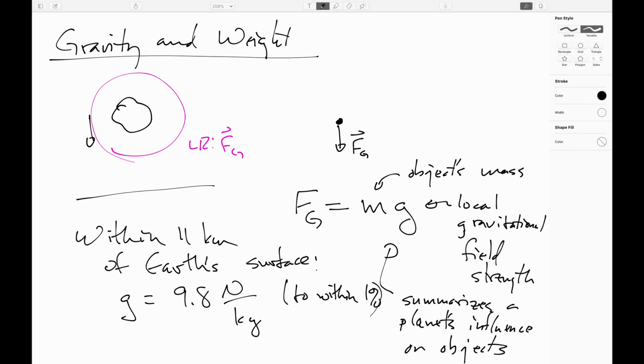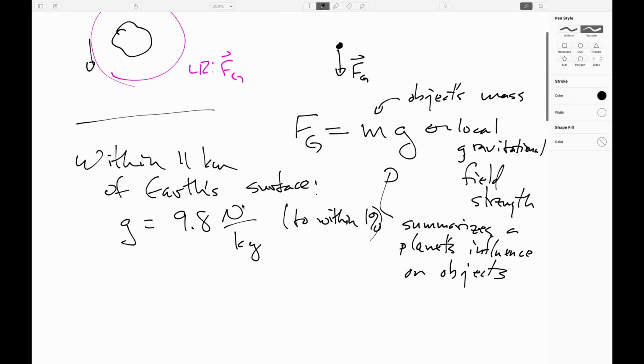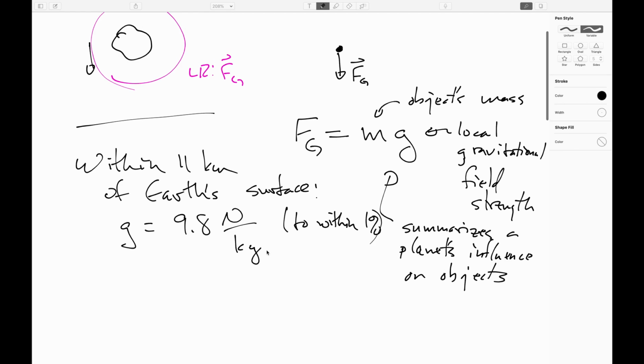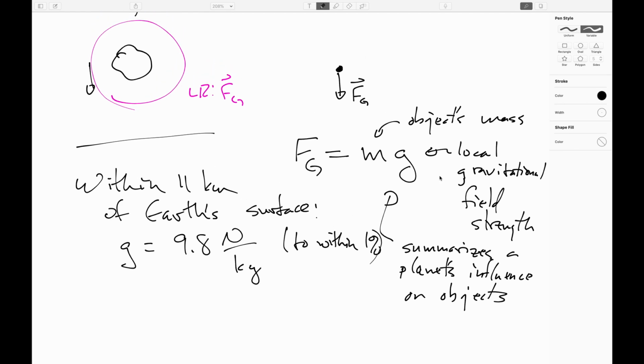All right, now notice how I wrote the units. I wrote the units newtons per kilogram. And that's because it makes sense. I'm getting a force out, that's newtons. And the thing that dictates how hard gravity is going to interact with the object is the object's mass, kilograms. So this needs to be newtons over kilograms.